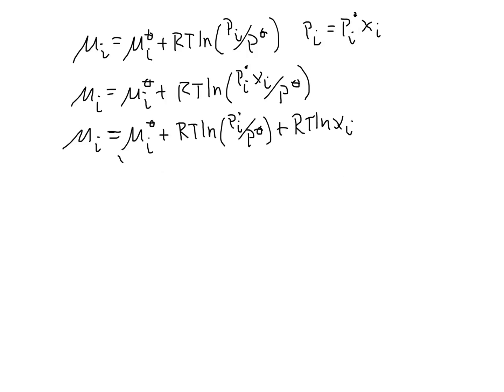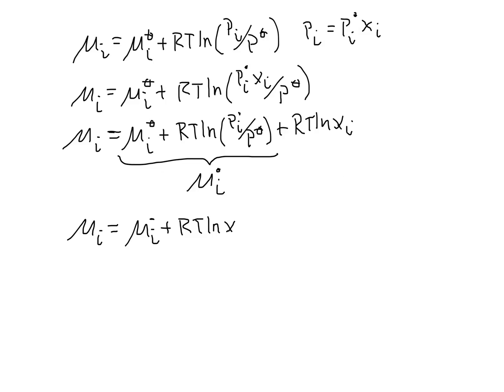Notice that the first two terms are just equal to the chemical potential of the pure liquid. And so I can write that the chemical potential of a component in a mixture is equal to the chemical potential of the pure liquid plus a correction for not being pure.